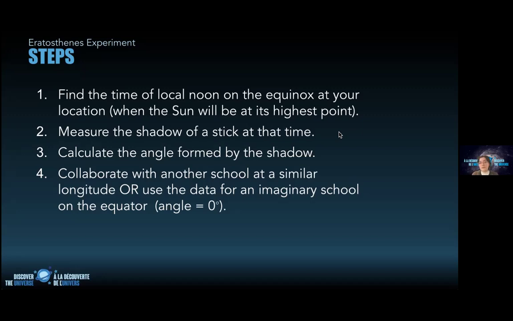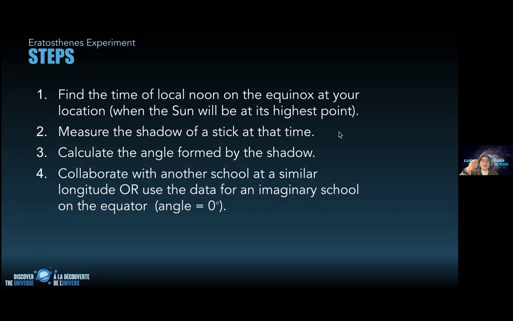Alternatively, if you're not doing that collaboration or you don't know anyone who's at a similar longitude, you can use the data for an imaginary school at the equator. A school at the equator would measure an angle of 0 on the day of the equinox.